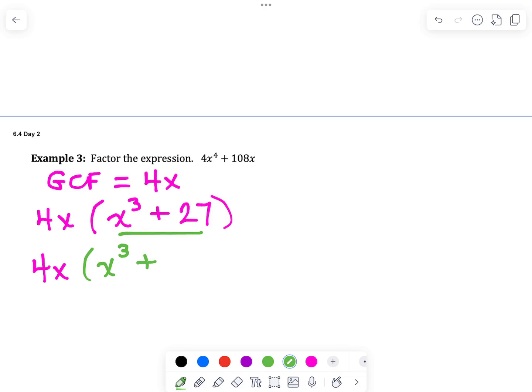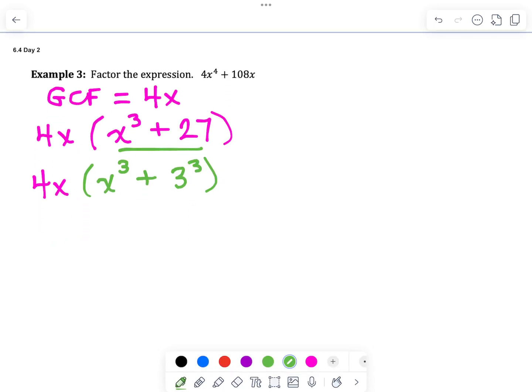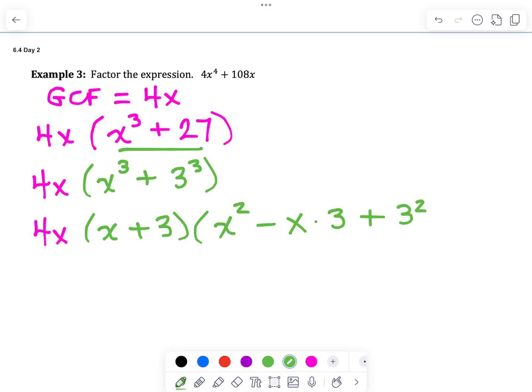I'm going to rewrite that 27 as 3 cubed. So now we factor using our sum of two cubes. So x plus 3 will be the first parentheses, and the second parentheses will be x squared minus x times 3 plus 3 squared.